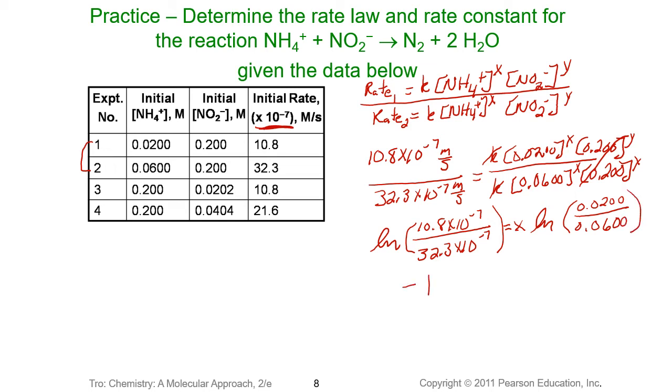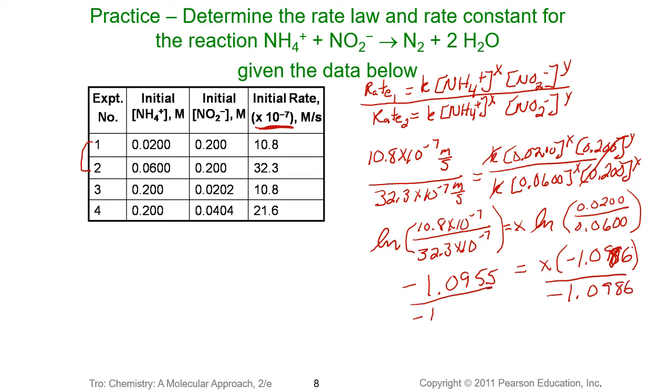And we get negative 1.0955 equals x times negative 1.0996. Divide to get x by itself. And we get that x is equal to 0.0997, which is first order.